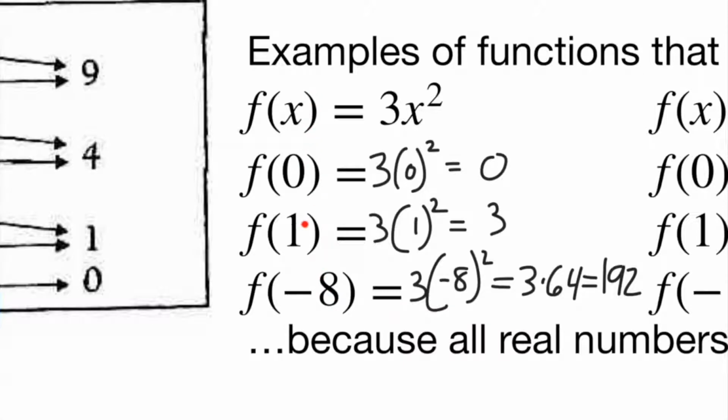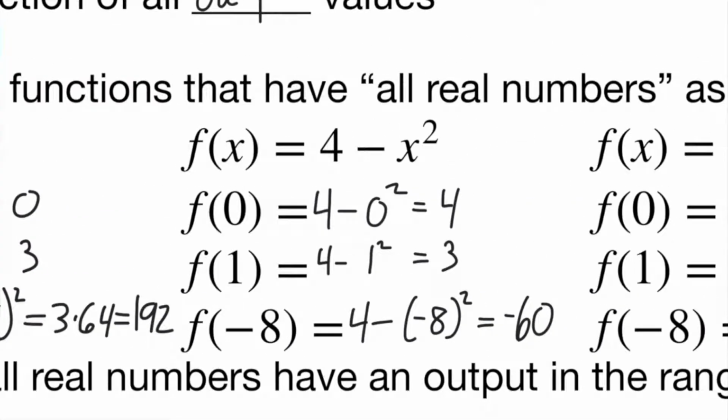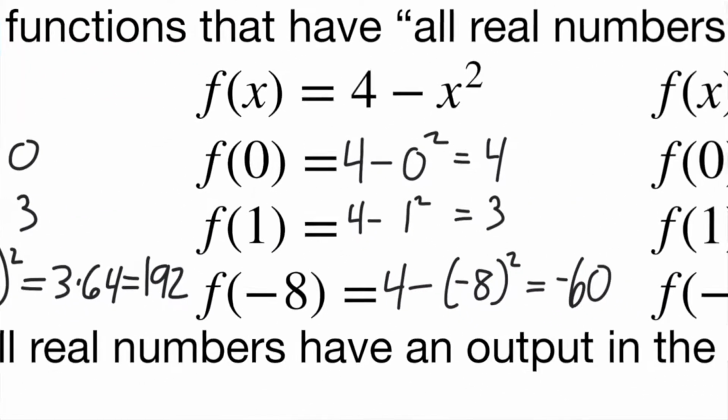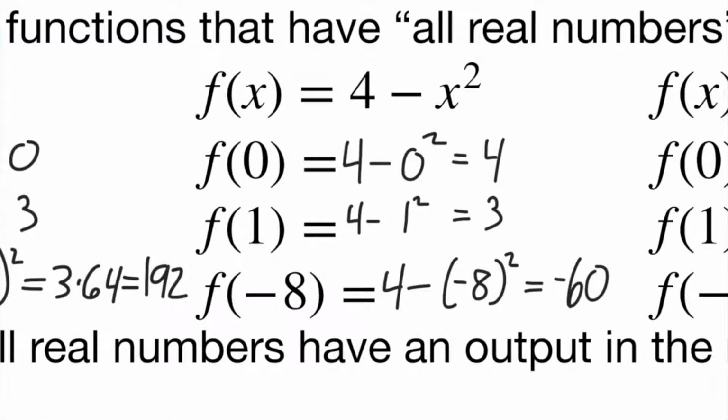And it doesn't matter really what number you use for a value of x, you will always get a value out for here, the output of a value for the function. So this function has all real numbers in its domain because all real numbers can be input that produce an output.